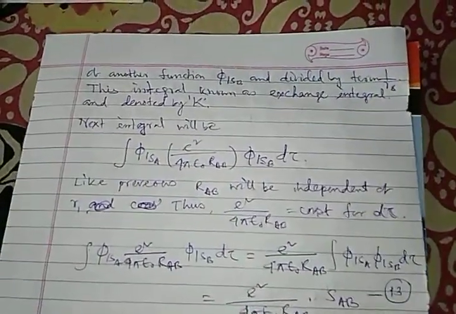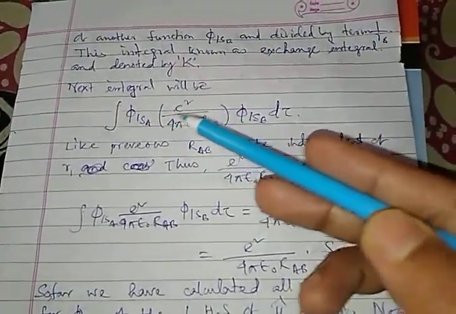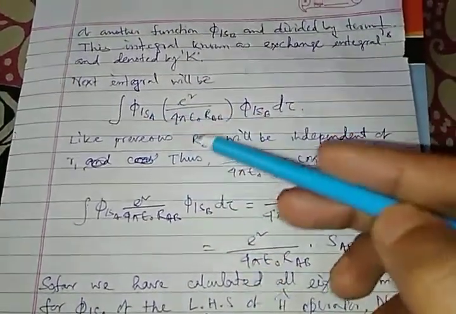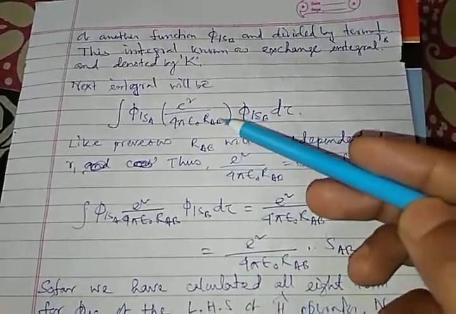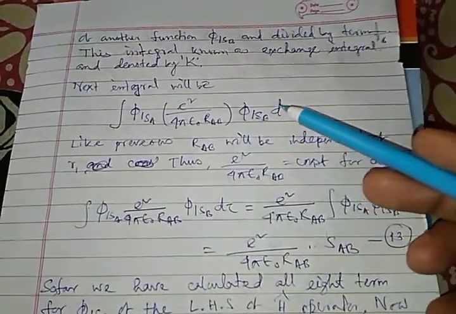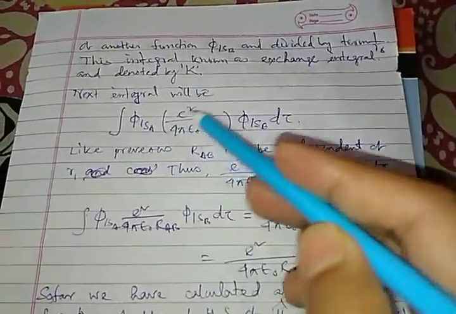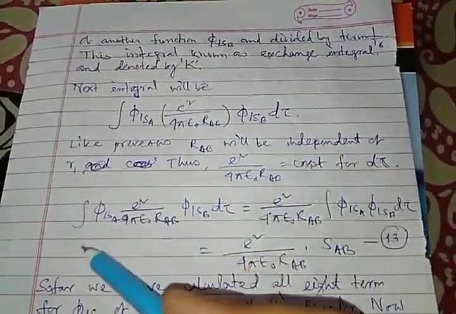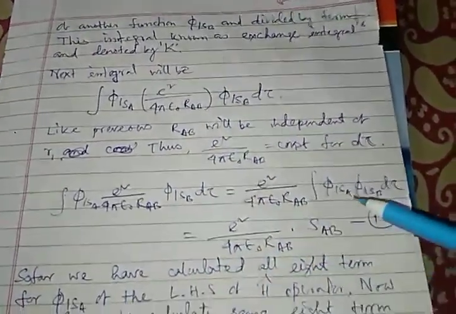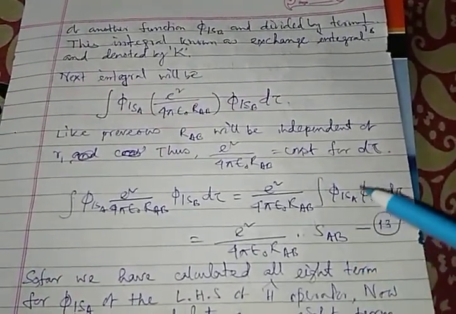Now again I have a last integral, which is again about the nuclear interaction, and this RAB again is not dependent on d tau. So this quantity will be constant, and it will go outside of this integral. And again I have an integral which is nothing but the overlap integral SAB.